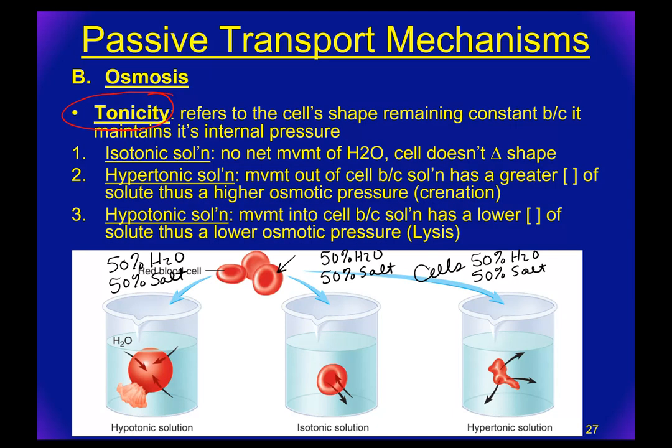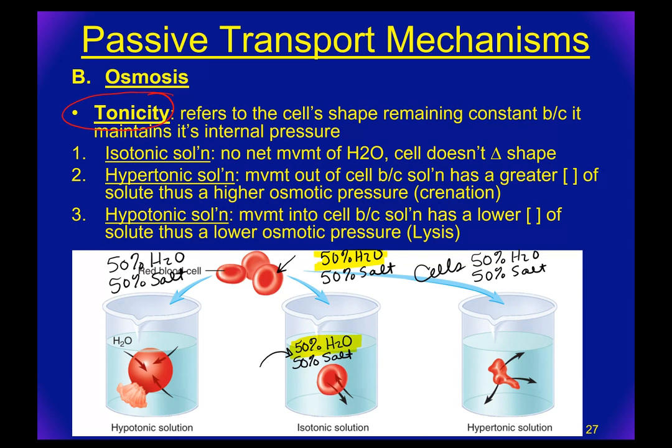If I put a cell into a solution that is also 50% water and 50% salt, and we're talking about water movement, don't forget that. We're talking about osmosis. So if we're talking about osmosis, that 50% water here and the 50% water in the beaker are equal, right?